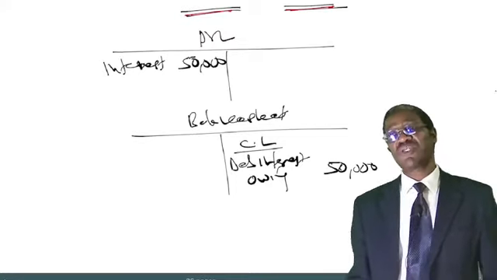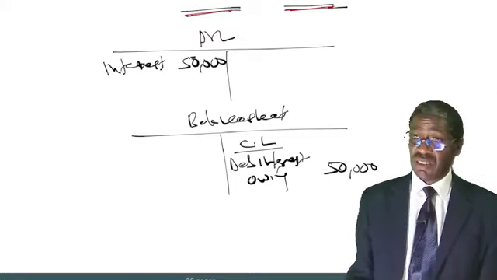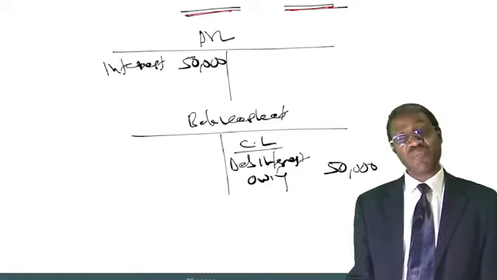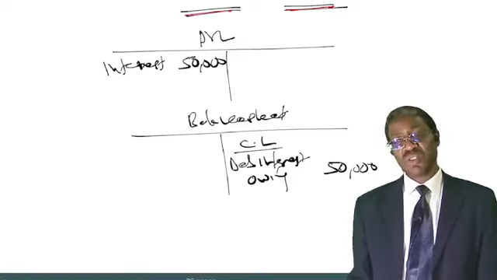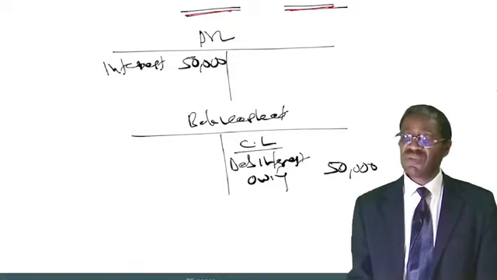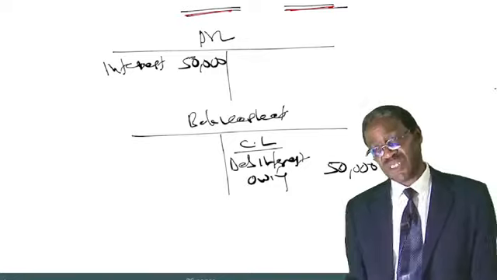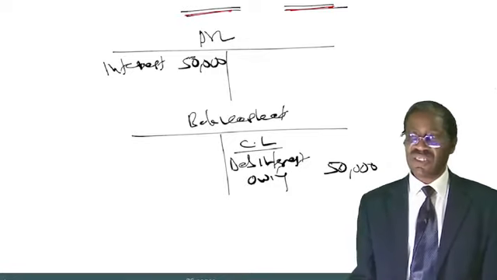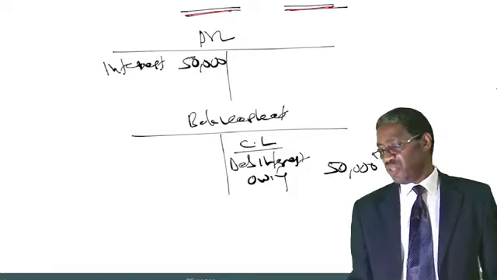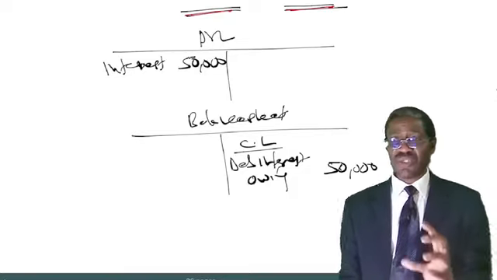According to the trial balance, we have paid nothing. But what were we supposed to pay? 50. Have we paid it? No. So the whole amount of 50 becomes the charge for the year, and the whole amount of the 50 becomes the liability for the year. Good. So finish. I now touch on something else.